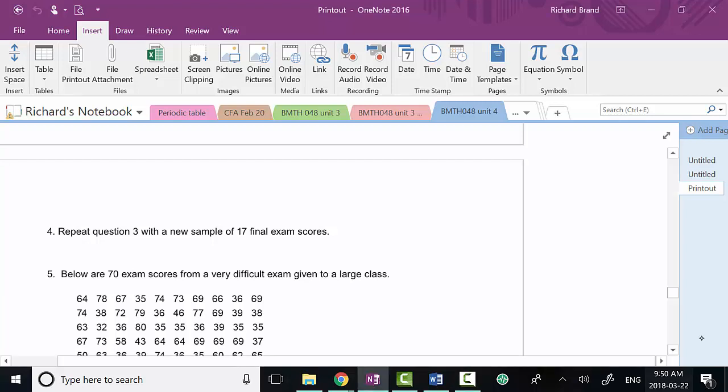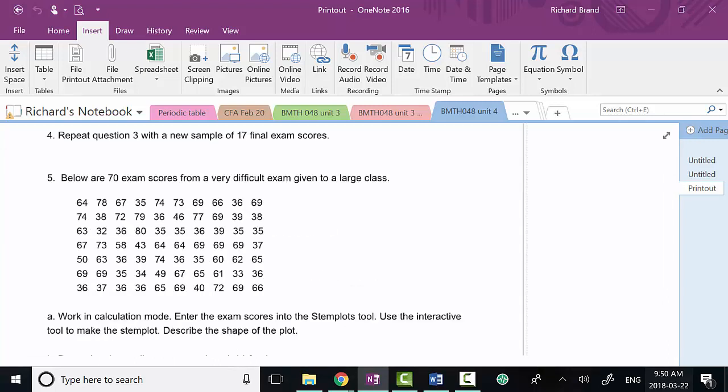Now here's 70 exam scores. What we're going to do is copy this information into a Word document and then copy and paste from the Word document into the stem plot tool.